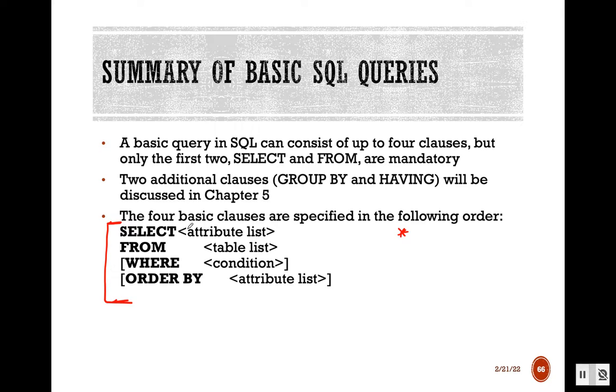These two clauses are mandatory if we are going to write a select statement. Then the where condition is optional; if we have a condition, we give it, and if we want to sort them based on an attribute, we order them by the attribute list.